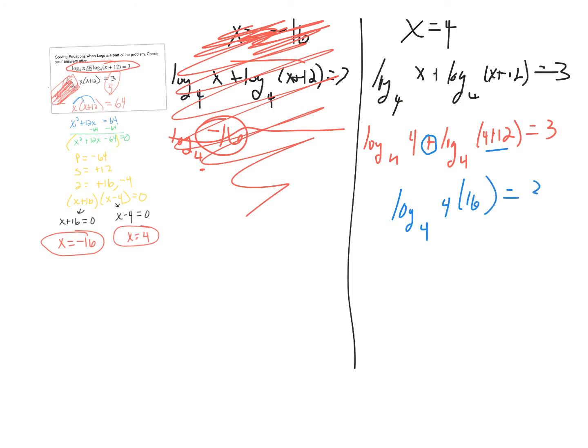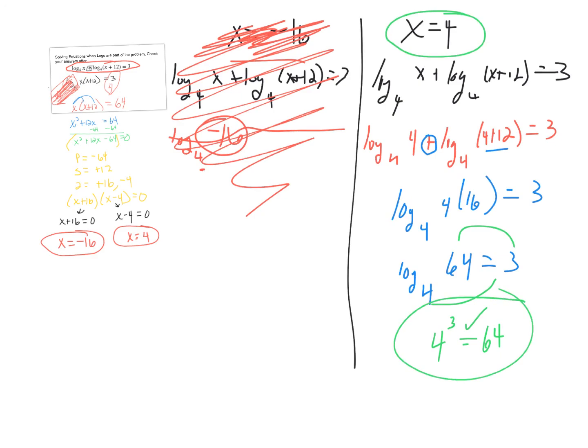It's equal to 3. So far so good, no negatives. Log base 4 of 64 is supposed to equal 3. Now we do our loop-de-loop. So is 4 cubed equal to 64? And the answer is yes. So we know we're good. So the only answer I can keep is x is equal to 4.